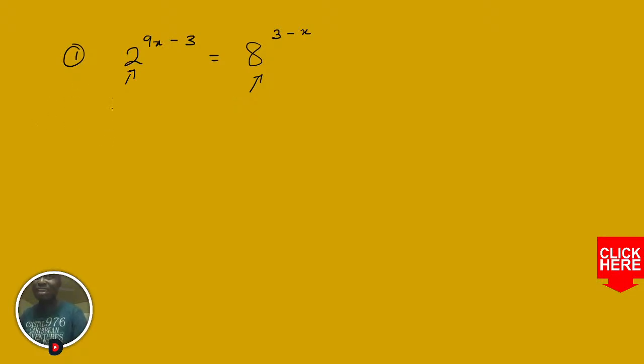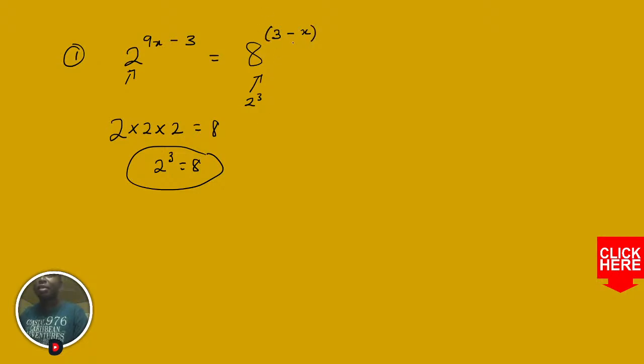The smaller number here is 2. 2 raised to the power what gives us 8? 2 times 2 times 2 gives us 8, so 2 raised to the power 3 is the same as 8. We are going to replace this 8 with 2 raised to the power 3. Remember that there's already an index here, so we are going to put that index in a bracket.